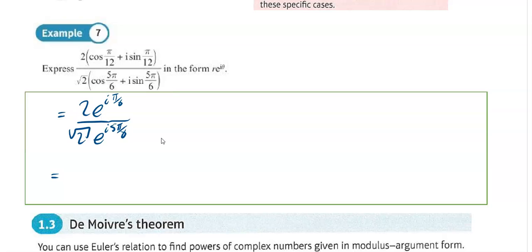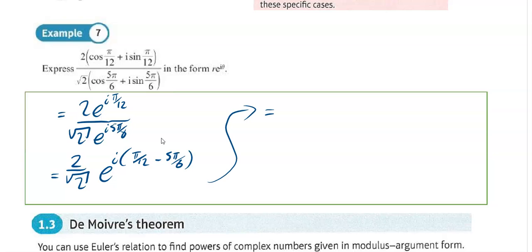So if you do that out, you're just going to divide the moduluses. You'll have 2 over root 2, and then subtract the arguments. So I'm going to show a bit of working out here. That's e to the power of i times pi over 12 minus 5 pi over 6.